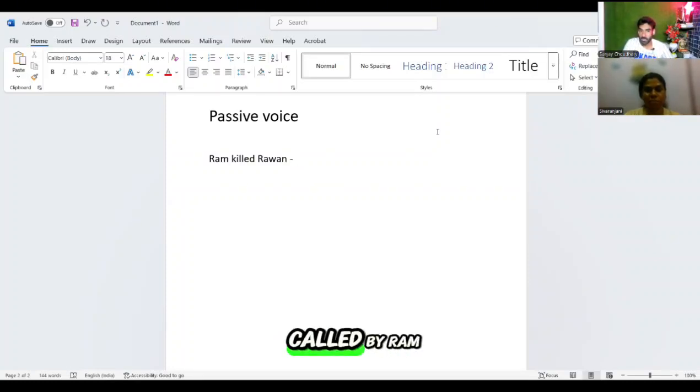Ravan was not a good person; he is a criminal. And Ram, who used to be maybe a police inspector or somebody, killed Ravan. So we give more focus to Ram because Ram is the hero and he killed Ravan, right?